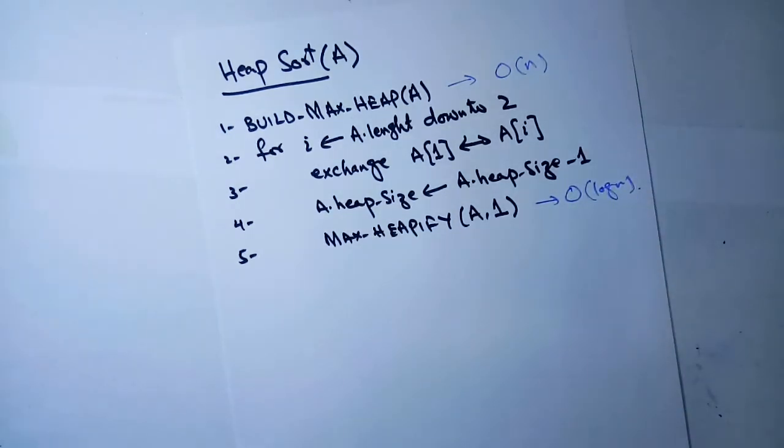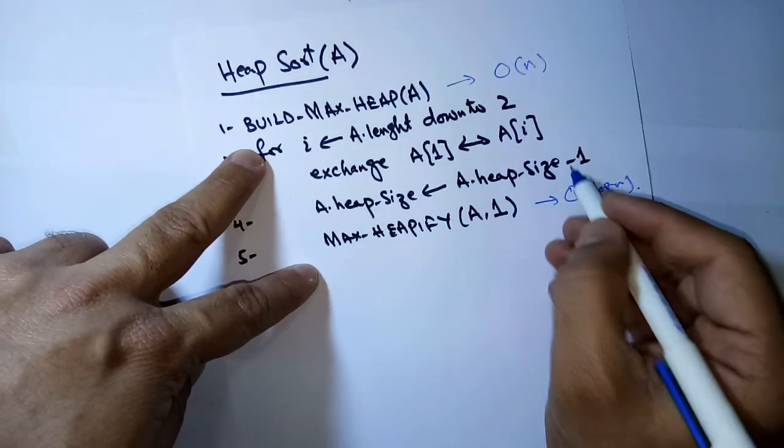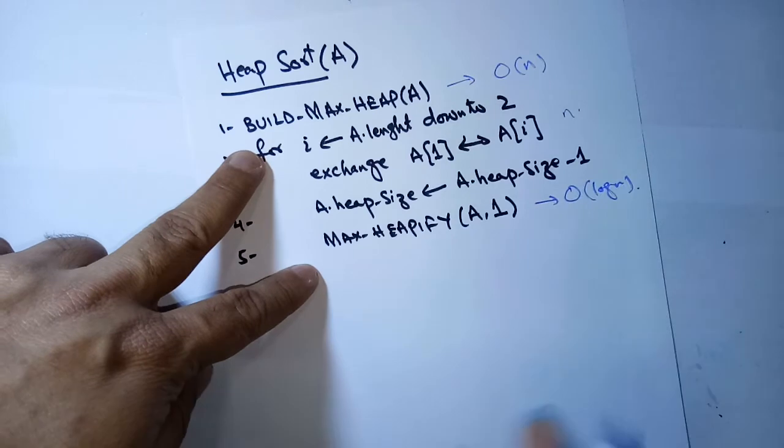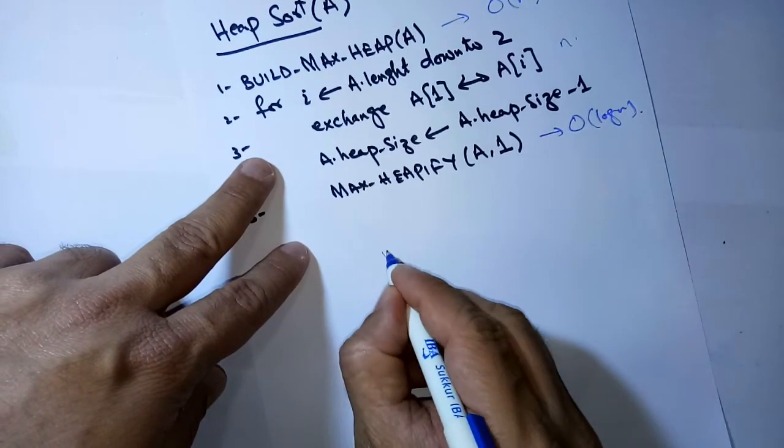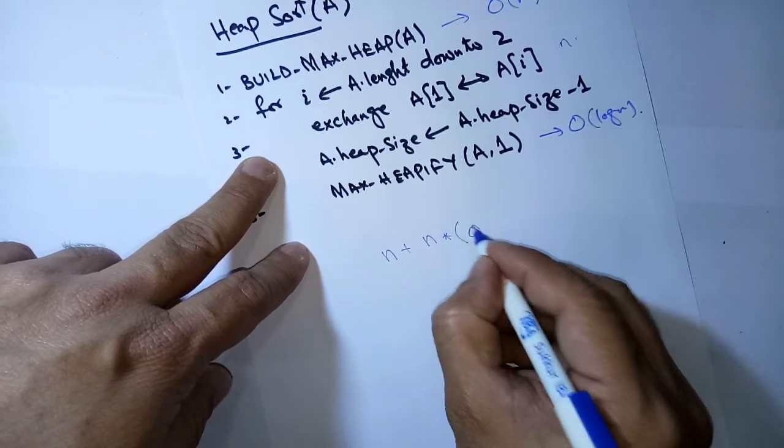And this order of log n is being executed how many times? This heapify is being executed for every node, right? For n times. So that is n plus n times log n.